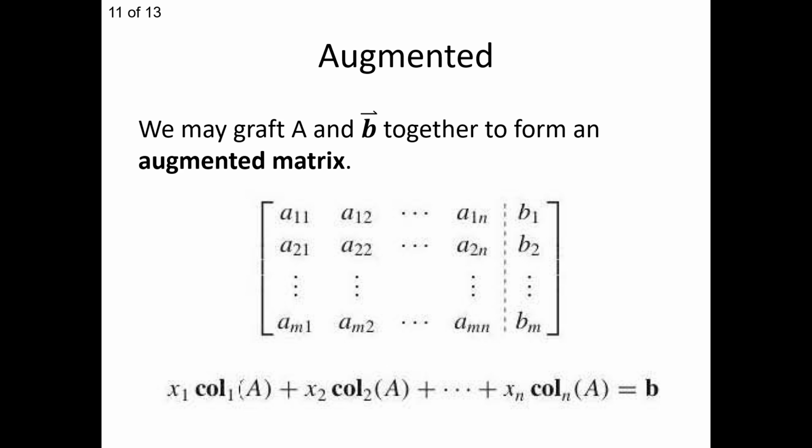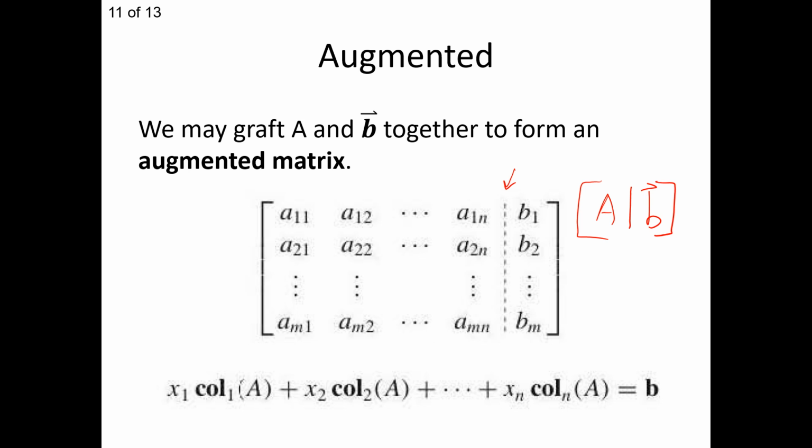So what we can do is take our coefficient matrix A and our m vector b, the values of our b values, and graft those together. How we do it is we put them in the same matrix, and we use a symbol to separate where the graft happened. That's what this dotted symbol is. In the classroom, though, if you were to see me graft these together, instead of the dotted line, I'm just going to use a solid bar separating them, and it looks something like this.